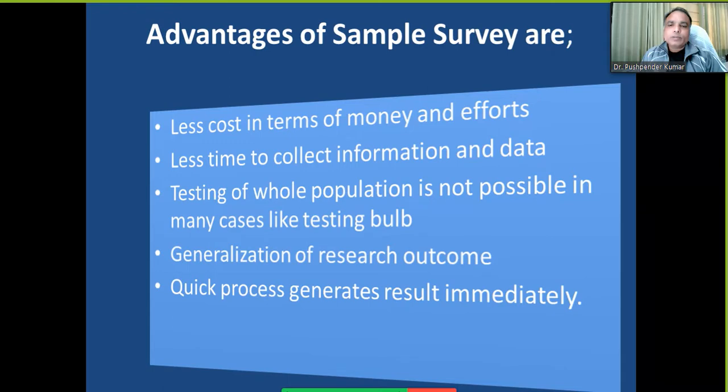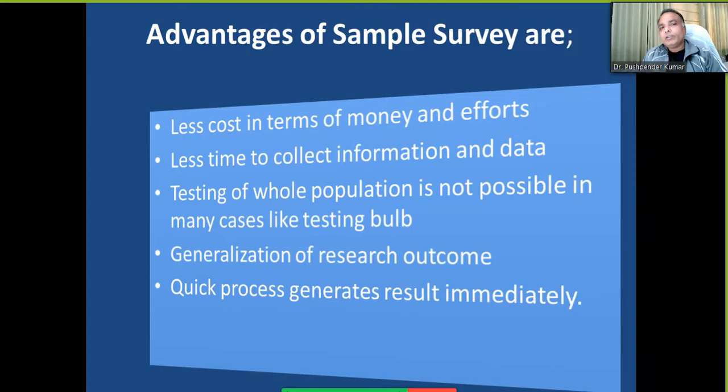So what are you going to do? You will not test each and every bulb, but randomly select and test a bulb, and on the basis of that you will believe that other bulbs will also perform the way this particular bulb has performed.